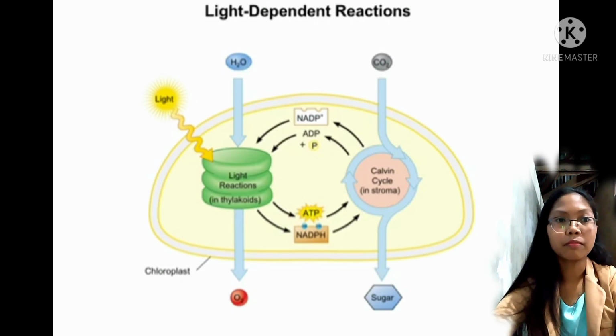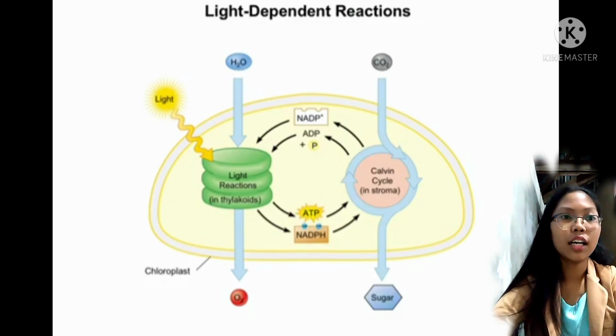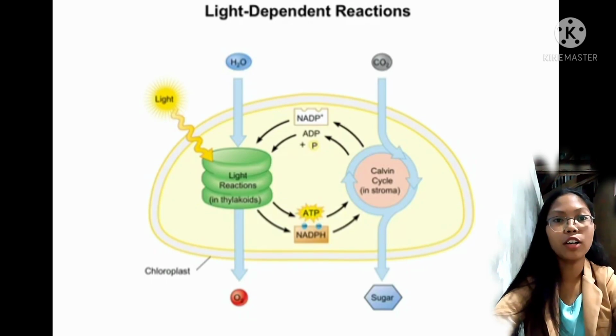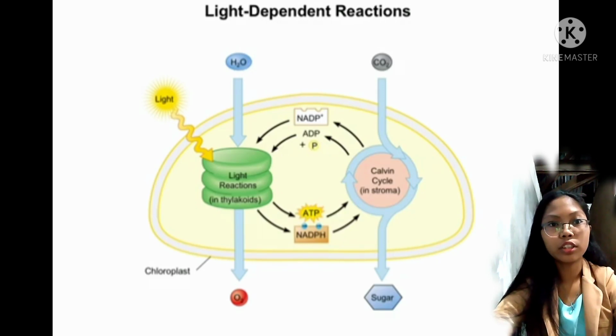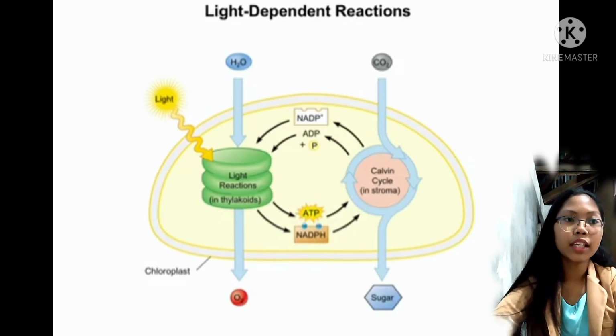After the energy from the sun is converted and packaged into ATP and NADPH, the cell has the fuel needed to build carbohydrate molecules. The carbohydrate molecules will have a backbone of carbon atoms.